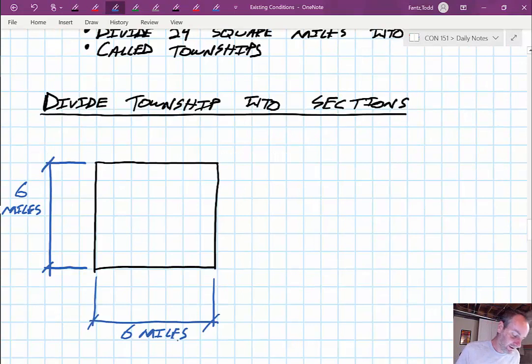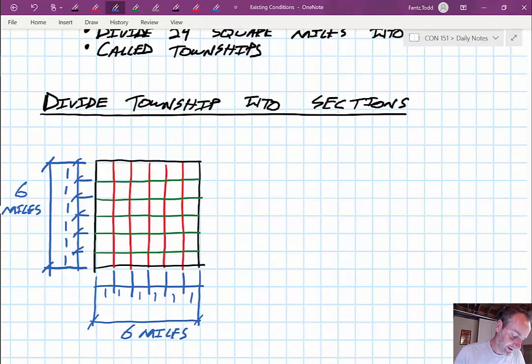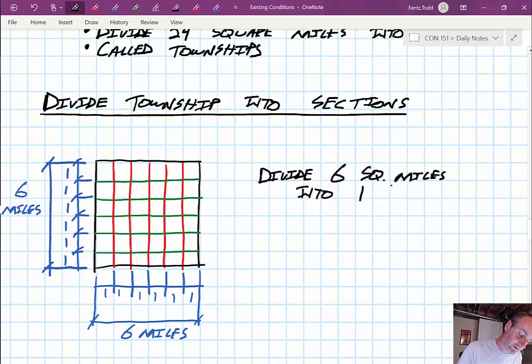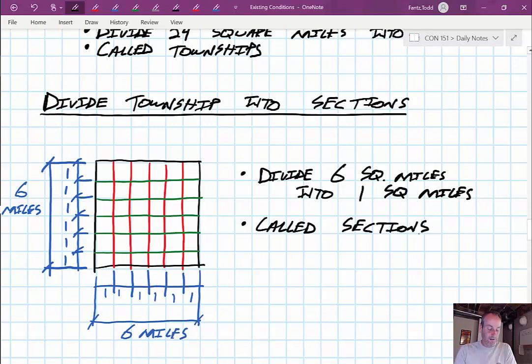I'm going to break it into 1 by 1 mile, so I end up with a whole bunch of 1 by 1 mile squares. So in summary, I divided 6 square miles into 1 square mile pieces, and these are called sections. So we took our township, divided it into sections, and now we're going to start labeling it.